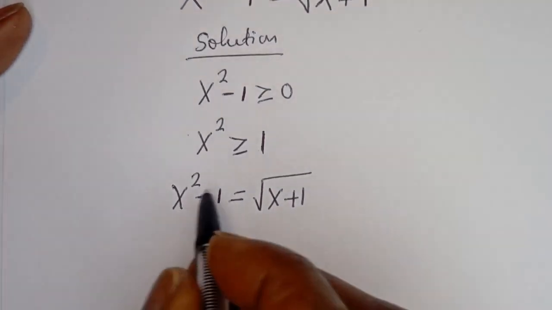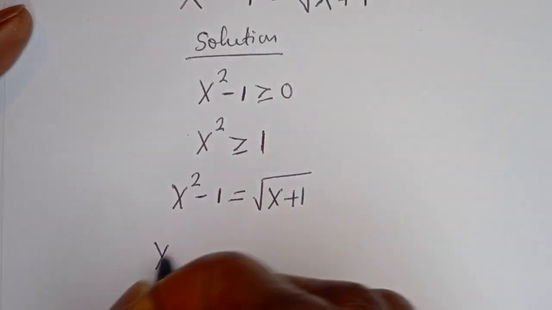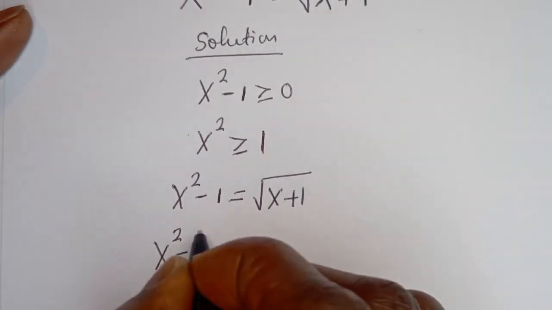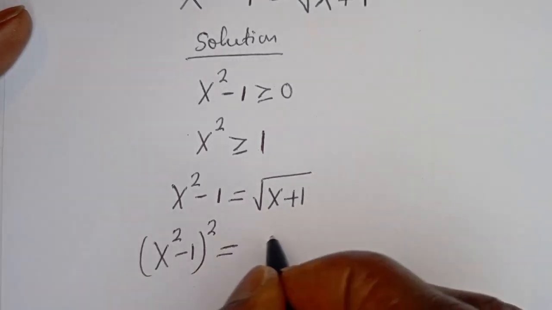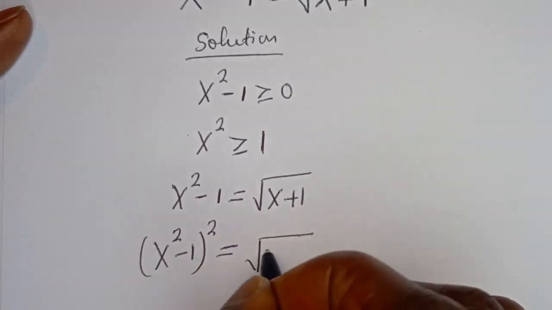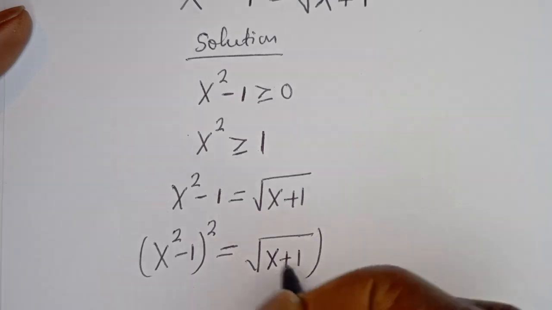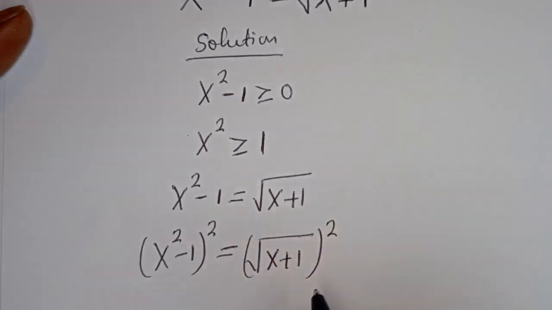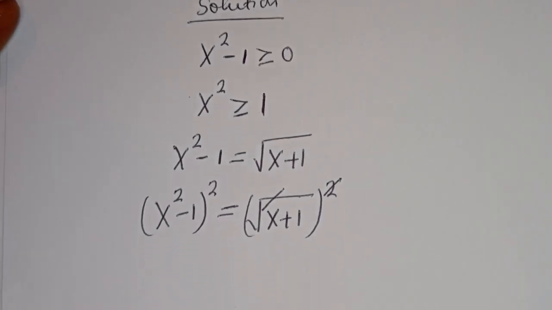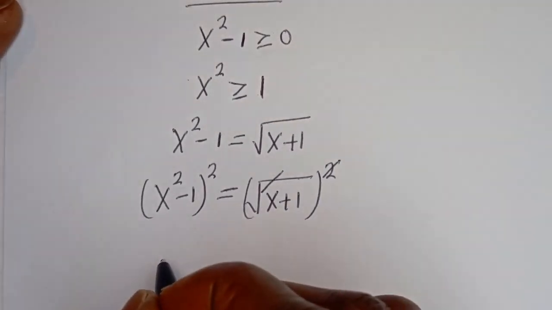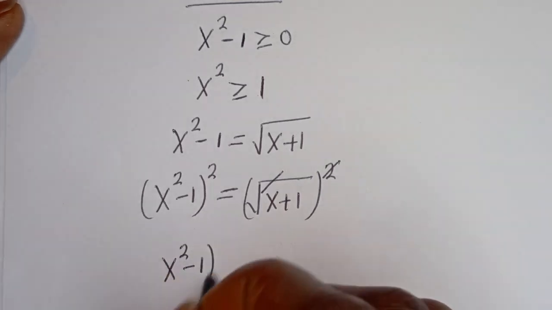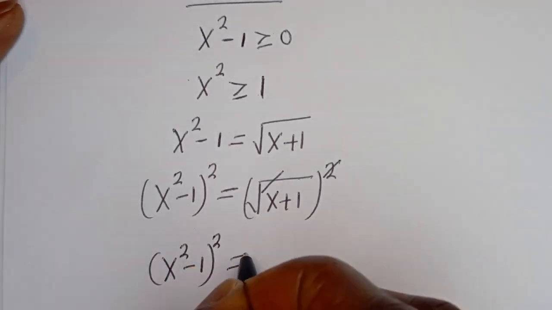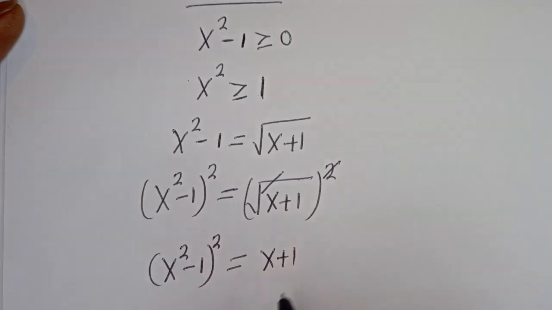Then let's square both sides of this equation. We have s squared minus 1 all squared is equal to square root of s plus 1 all squared. Now we cancel this. Here we have s squared minus 1 squared is equal to s plus 1.